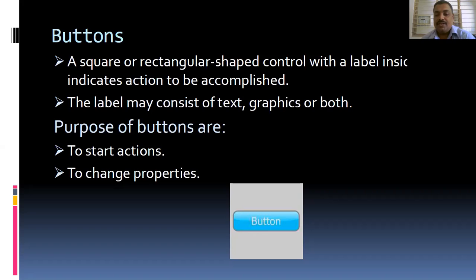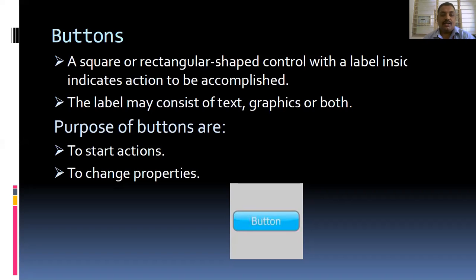So it will be mentioned what that button is for, with a suitable caption or name. Okay, next, the label may consist of text, graphics, or both. So the label may contain text or a graphical, pictorial representation, or both.